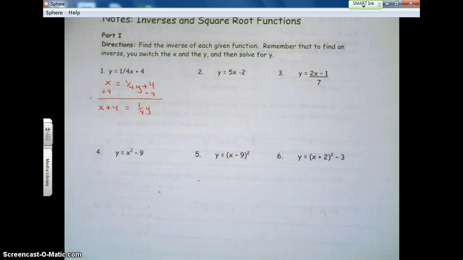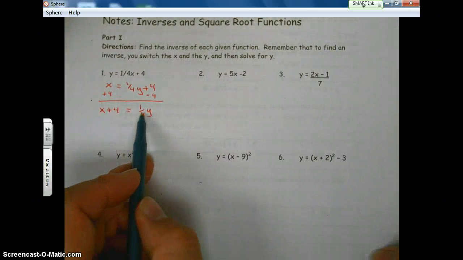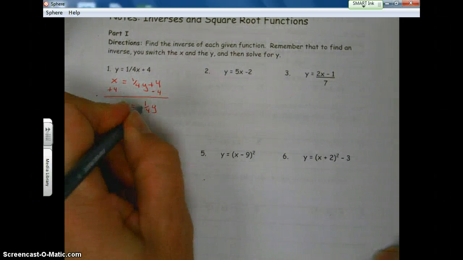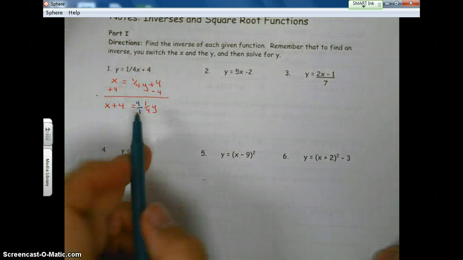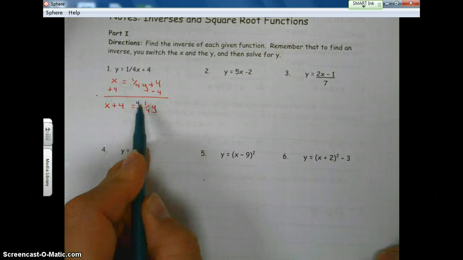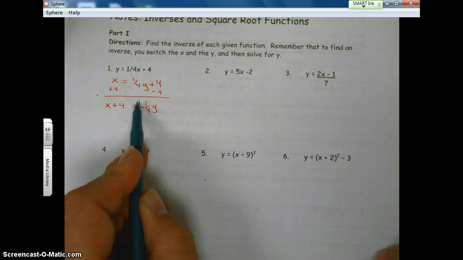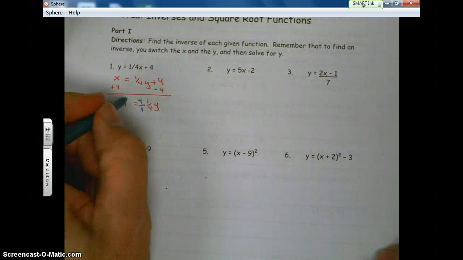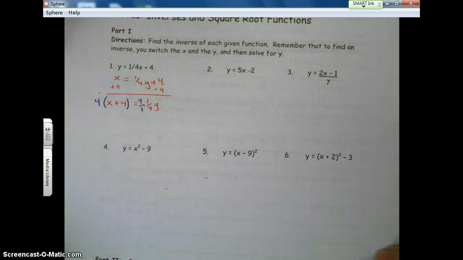Okay, remember when you have a fraction and you want to cancel it out, we multiply by the reciprocal. Remember, the reciprocal means to flip the fraction. The numerator becomes the denominator and the denominator becomes the numerator. And we want to multiply both sides by the reciprocal.